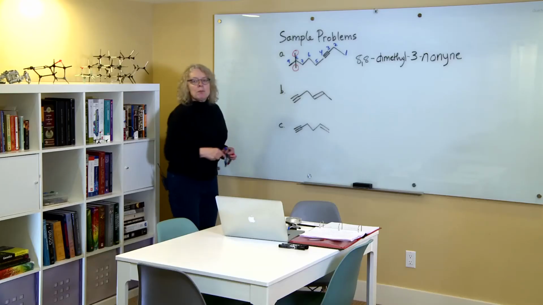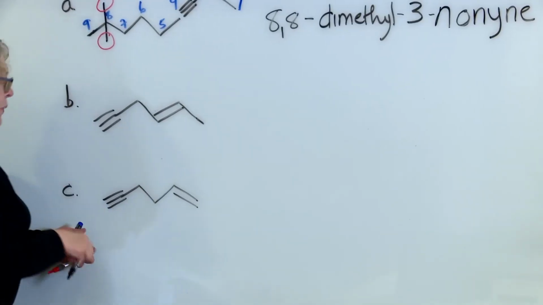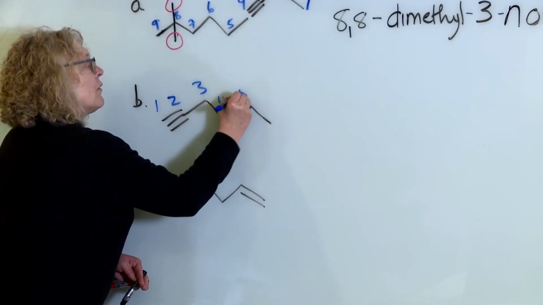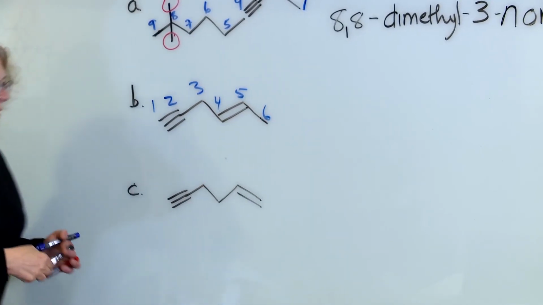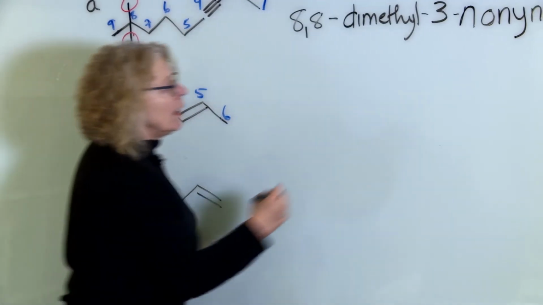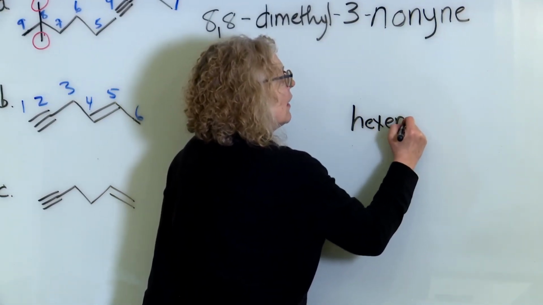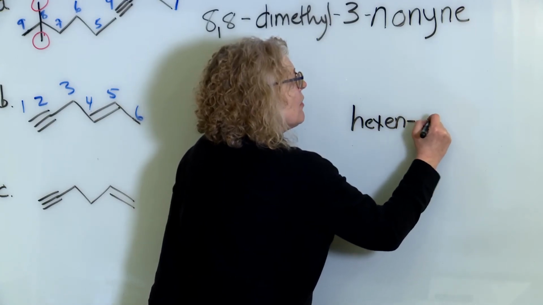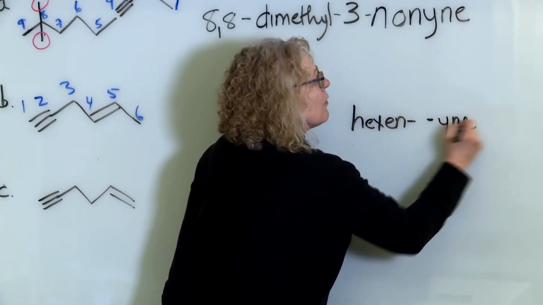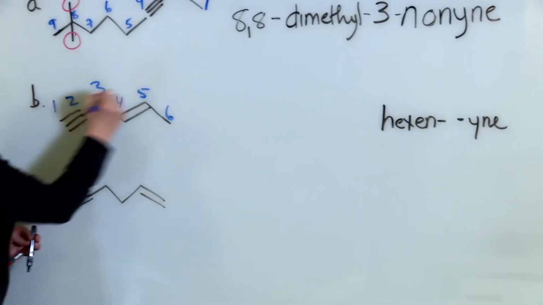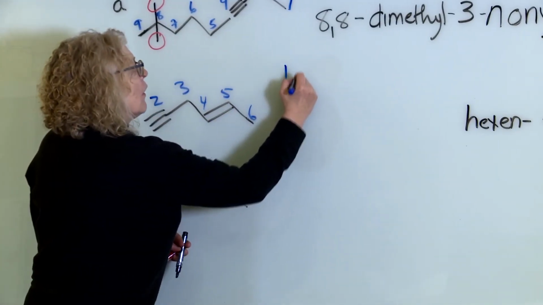Now the next 2 problems are related. As we number, you can see that this is a chain of 6 carbons. So hexane is the parent alkane name, and this is a hexene, and then it's a yne, but we need to leave a little space to indicate where the triple bond is. When we number from right to left, this is a 1, 4.